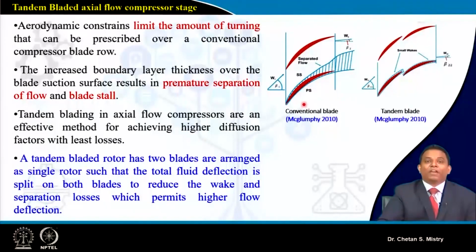So I will have my delta beta at the hub, at the mid section, and at the tip section, and at all those stations my delta beta is different. So I need to be very careful how I incorporate my tandem configuration for the development of rotor and stator.